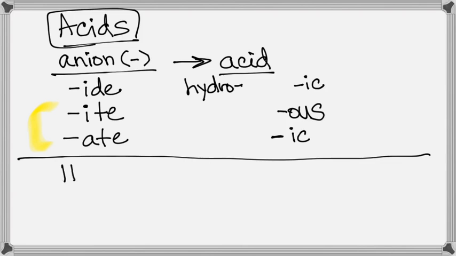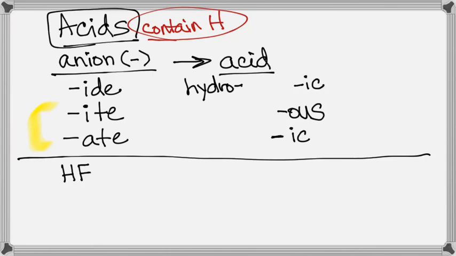If I gave you the acid HF, and by the way, all acids contain hydrogen, and the majority of the time hydrogen is listed first, so that's going to be 95% of the time.